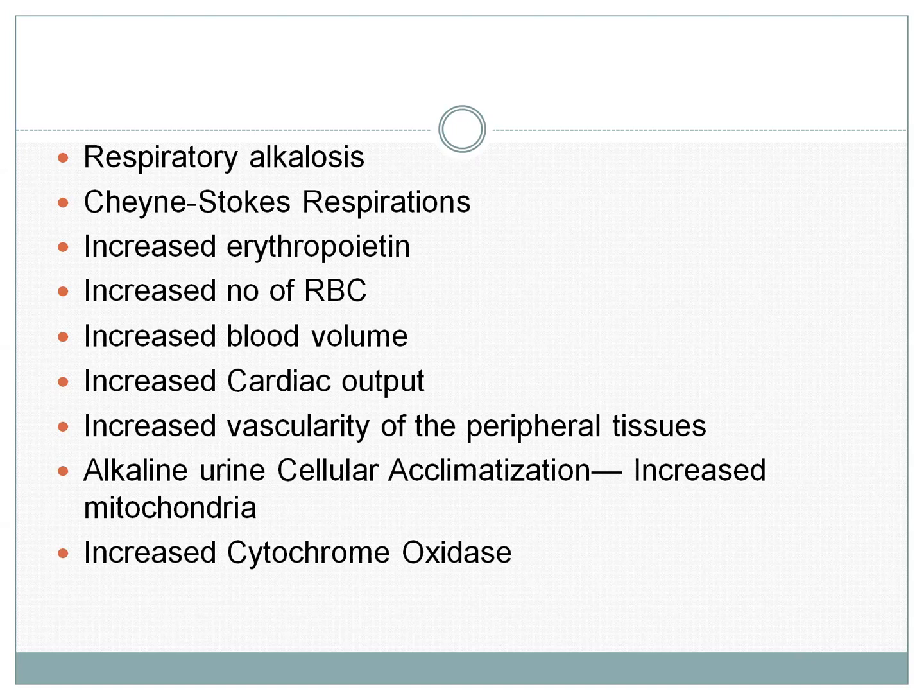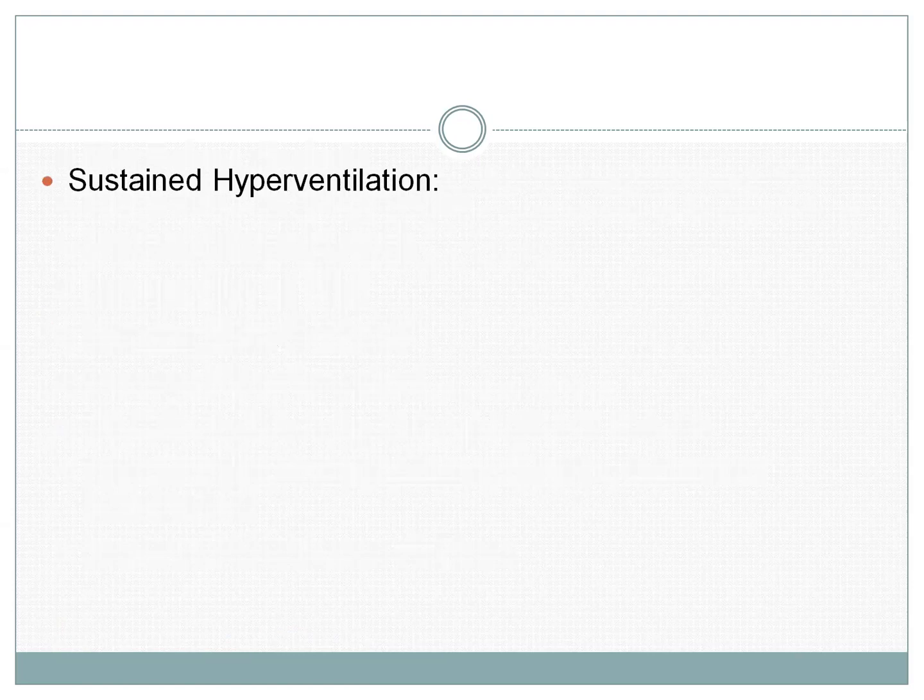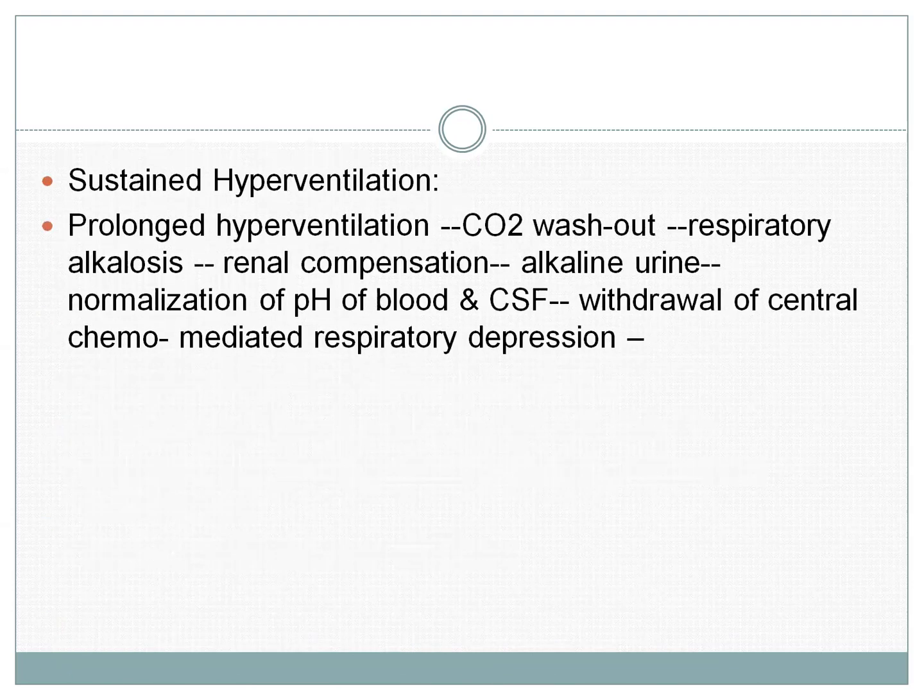So the respiratory system at the cell level and the cardiovascular system will all be activated, and they will try to compensate for the effect of hypoxia. The muscle tissue also will show increased myoglobin. So all of them are making sure that a normal amount of oxygen will be delivered to the tissues. There may be sustained hyperventilation.